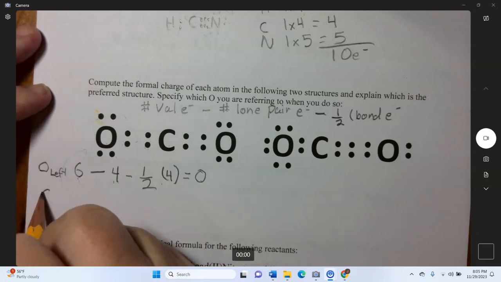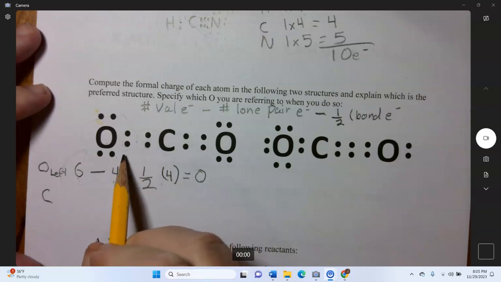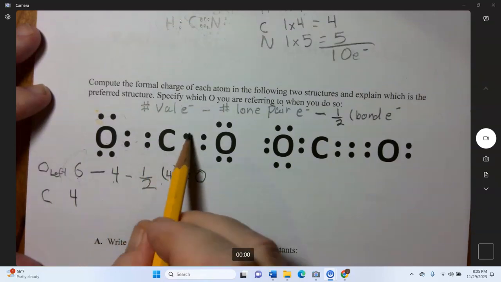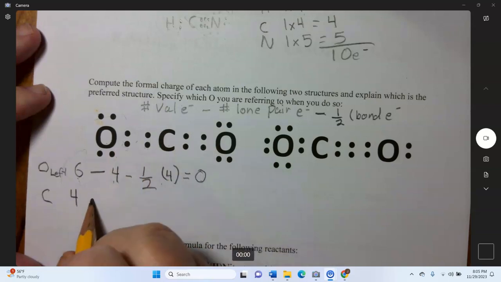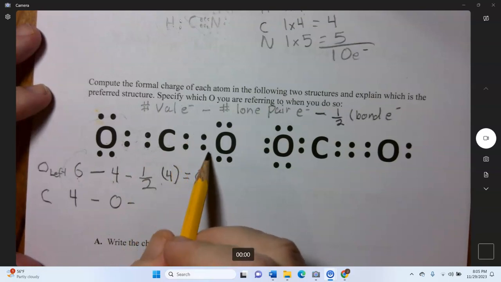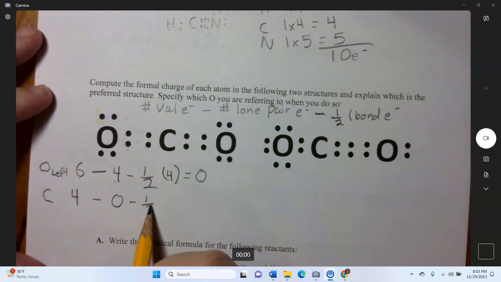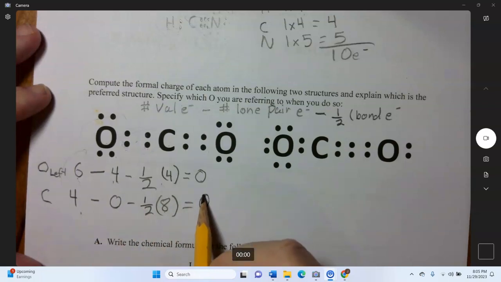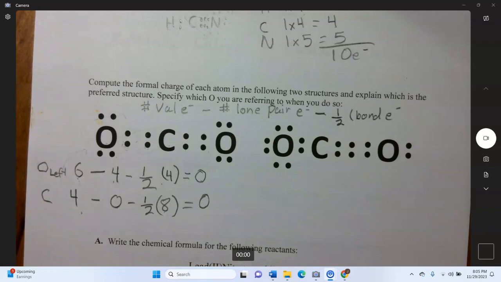All right, now we're going to do the carbon. Carbon has 4 valence electrons naturally. It has no lone pairs in this chemical bond. And it has 1, 2, 3, 4, 5, 6, 7, 8 bonding electrons, so half of 8. So 4 minus 0 minus 4 is 0, so carbon is happy. It feels the natural number of valence electrons.